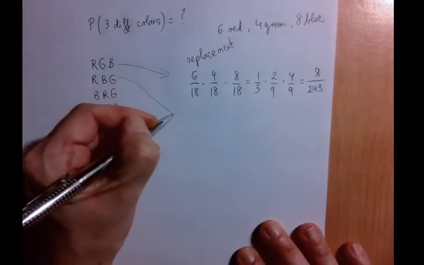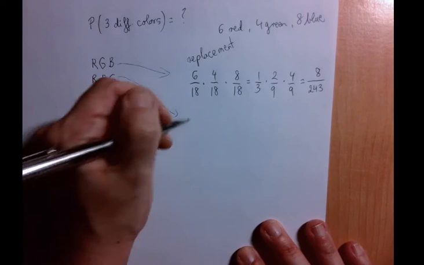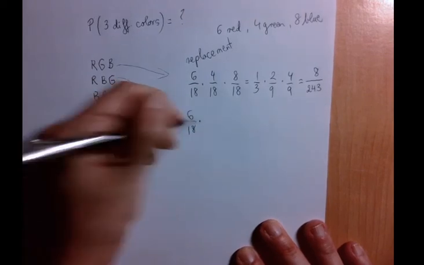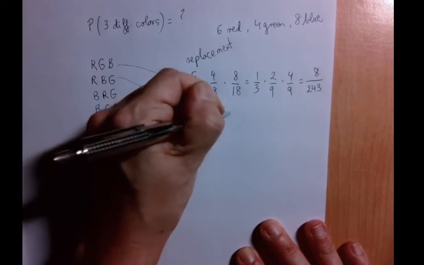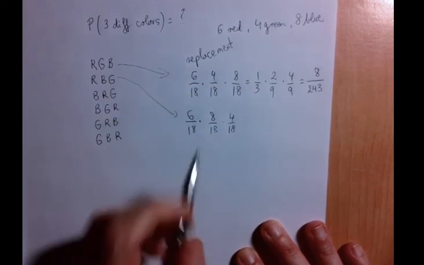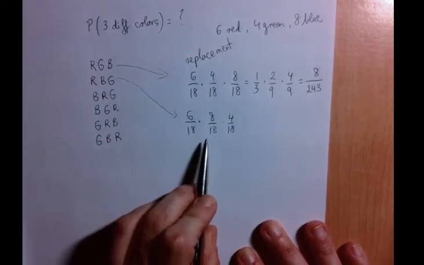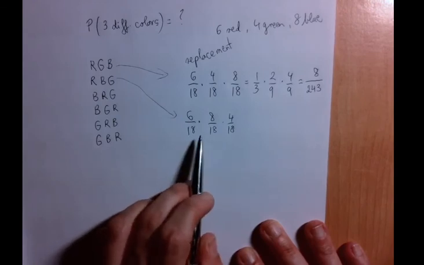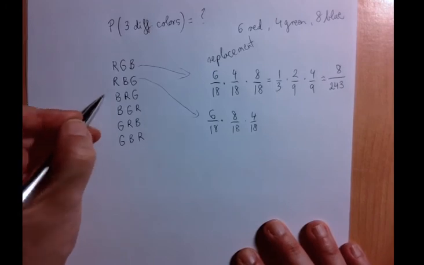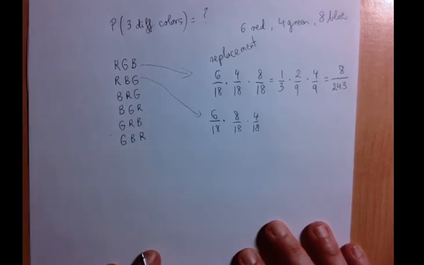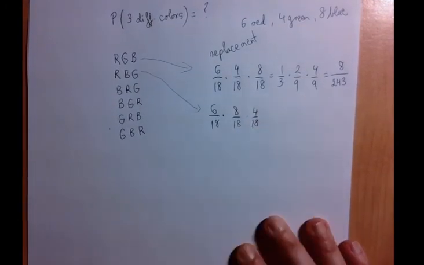What happens if we pull a red first, then a blue, then a green? Then it's going to be 6 out of 18 times, and now first the 8 out of 18, and then the 4 out of 18. But multiplication is commutative, which is to say it doesn't matter the order of the factors, we get the same result. So each of these chains of events has the same probability, and that is 8 over 243.